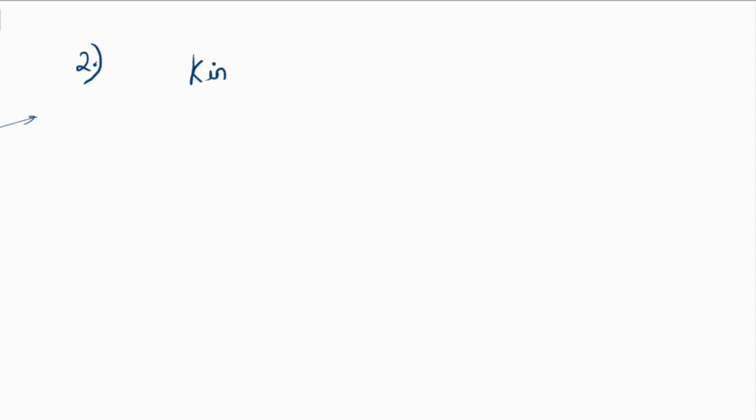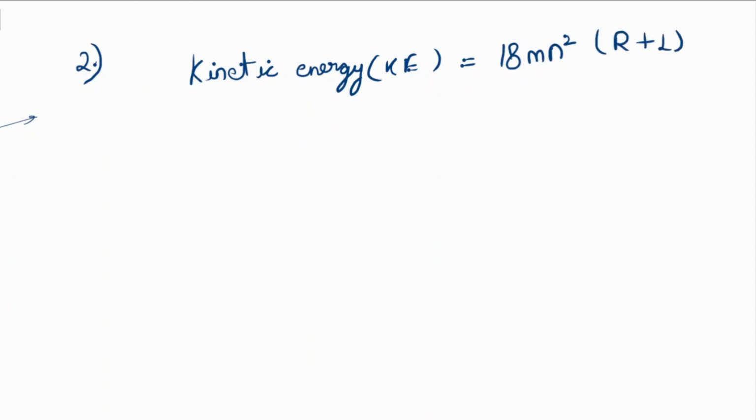So here kinetic energy KE is equal to 18 m n square (R plus L) whole square, m is mass, upon theta square. Theta is the angle in degrees.